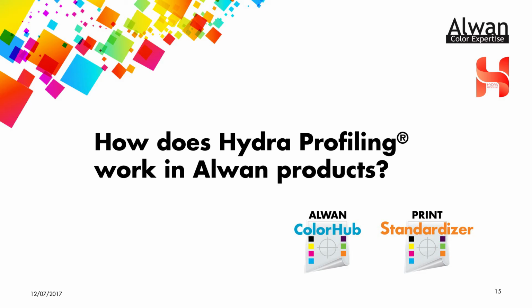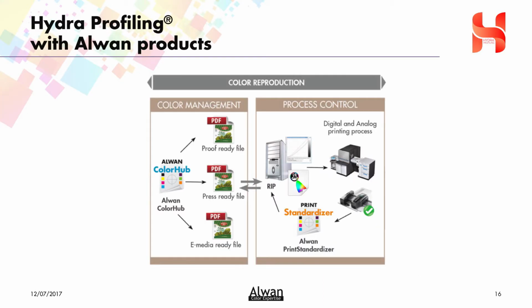So now let us see how Hydra profiling works with the new Alwan software. As you know, Alwan ColorHub version 6 and Alwan PrintStandardizer version 6 use Hydra profiling. However, each implementation of Hydra profiling has been adapted to each software because the needs and the workflow in the press room are different from the needs and the workflow in the pre-press room, right? So we have in our workflow the color management part, which ColorHub manages.